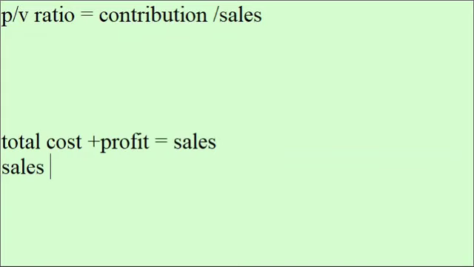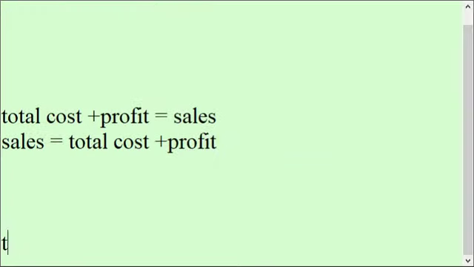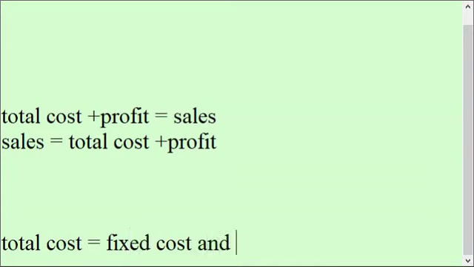Sales is equal to total cost plus profit. Here the total cost has only two costs, fixed cost plus variable cost. Only these two costs will be considered.